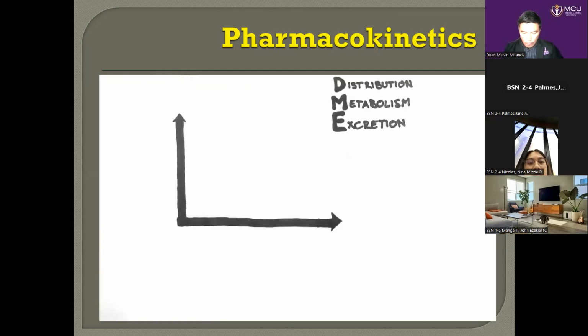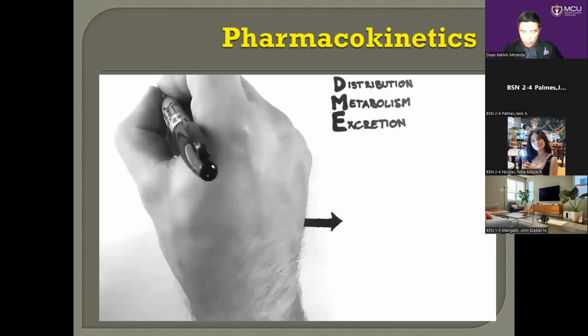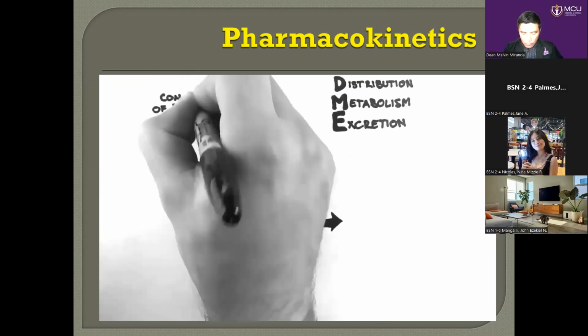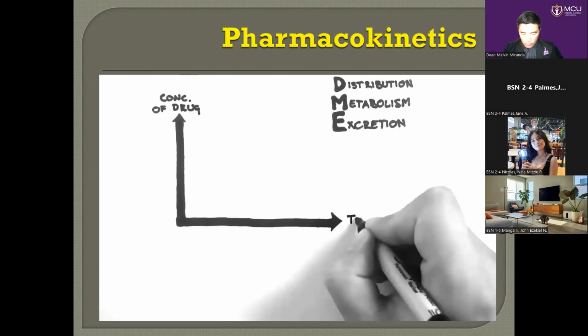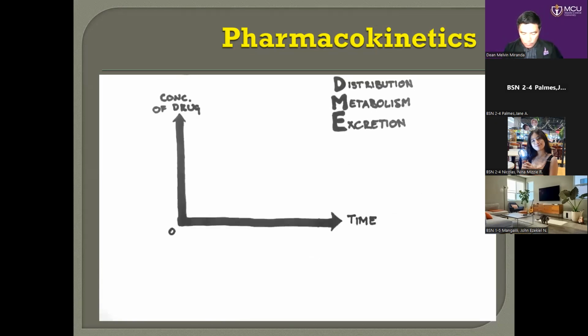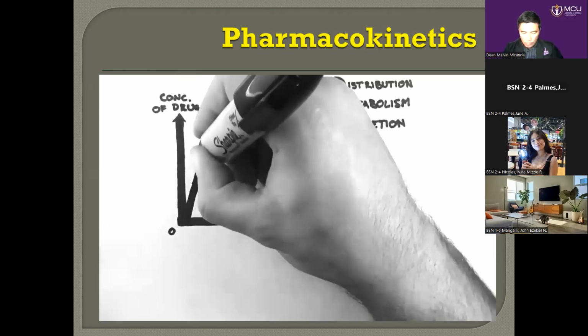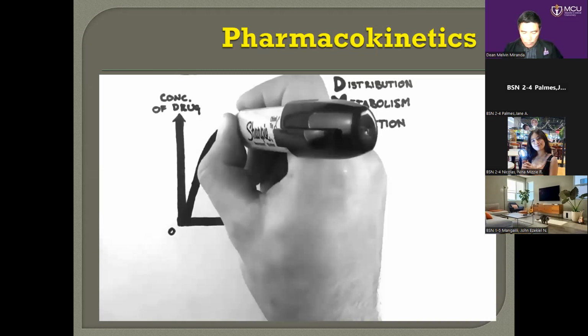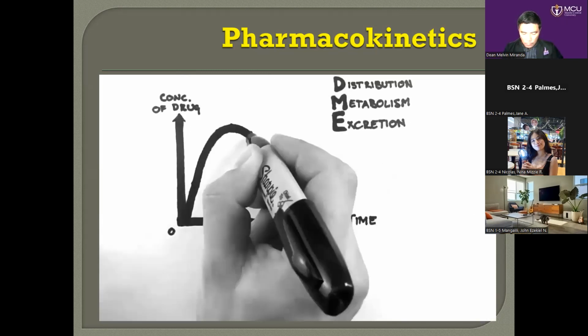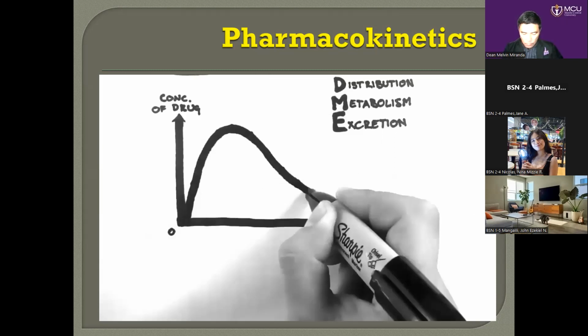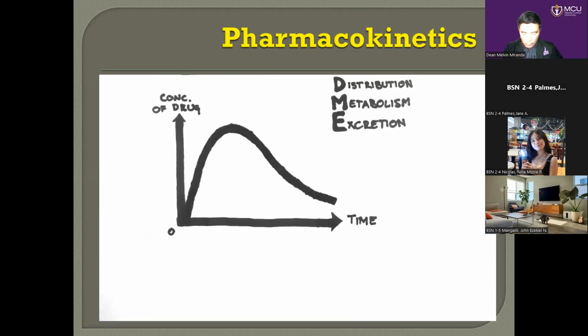Here on the y-axis, we have the concentration of drug within the body, and on the x-axis, we have time. If we give a person a drug at time 0, then we will see the concentration of the drug go up, and then it will fall slowly as the drug is removed from the body. And that's what we see on this graph.